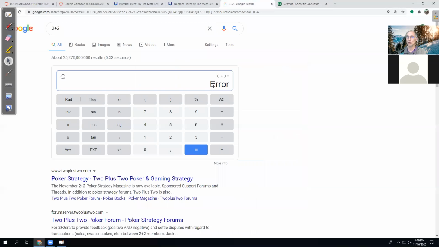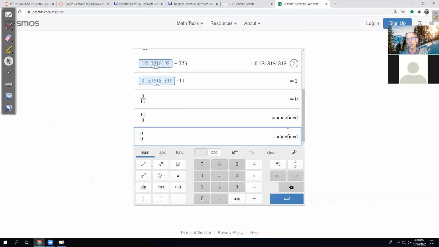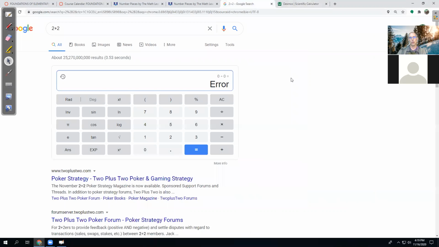Interesting. So Google treated 7 over 0 differently from 0 over 0. Desmos treated them the same. I think we need to investigate this a little more closely. So why is that undefined or an error is what we need to analyze here.